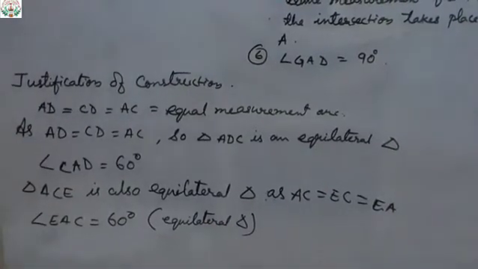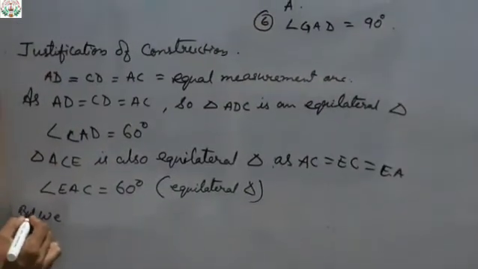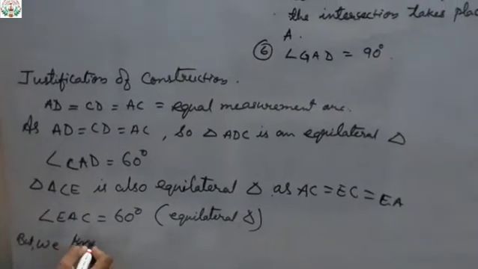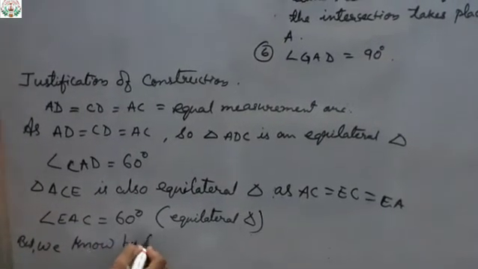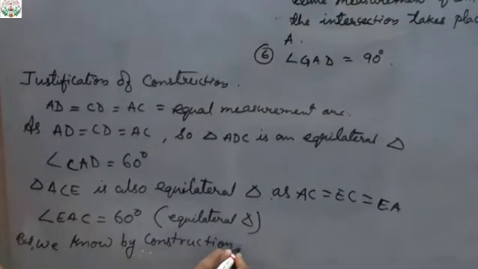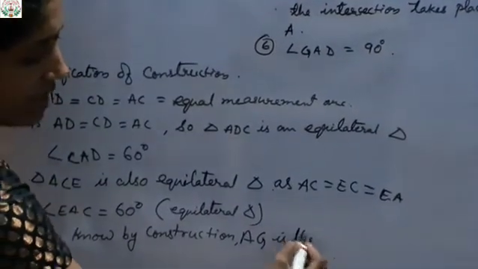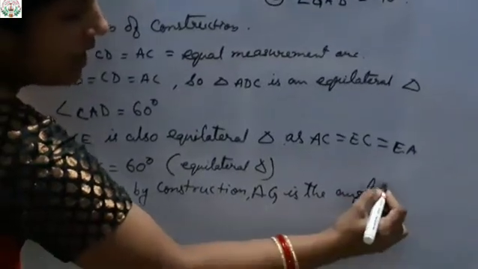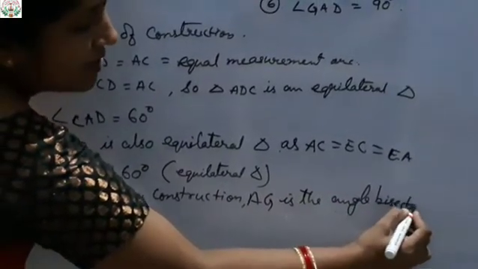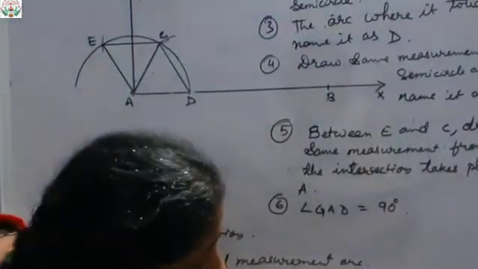triangle, right? And we know that by construction AG is the angle bisector of which angle? Angle EAC, right?